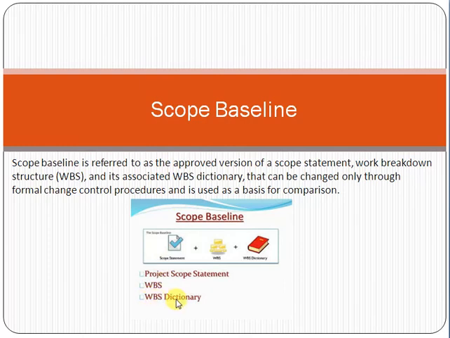Next one is WBS dictionary. WBS dictionary means, friend, work breakdown structure dictionary. It's simply the detail of a work pertaining to the WBS. What does it mean? For example, you are implementing an e-commerce solution, and there is a work that customer can do the payment through debit card at e-commerce solution.